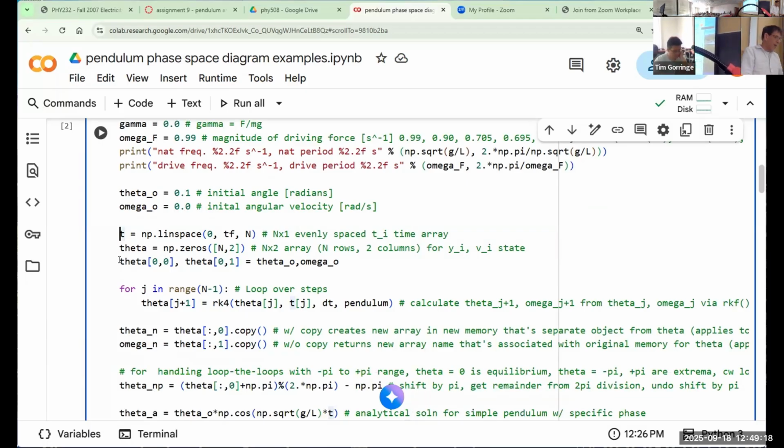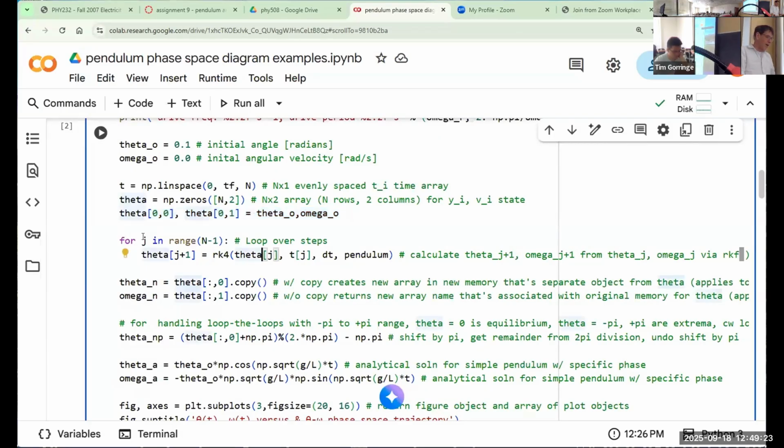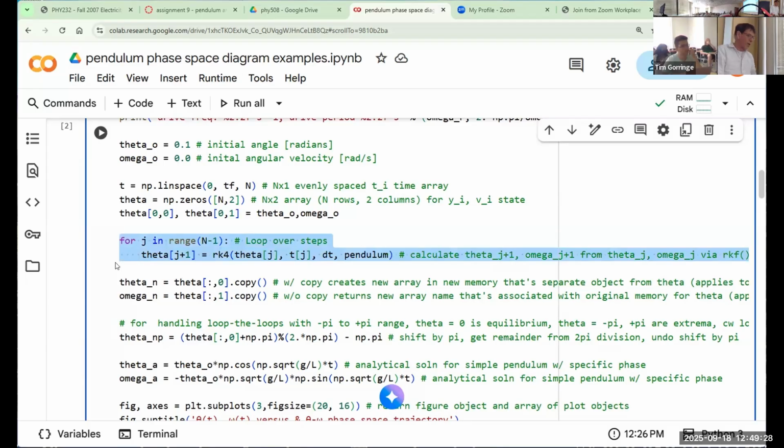I set up the initial conditions for my coordinates, and then the whole work is done by this pair of lines here, where in a for loop, I take the current values of theta and omega stored in this variable that I'm passing here, and calculate the value for them at the next tick. And I just do that over and over again.